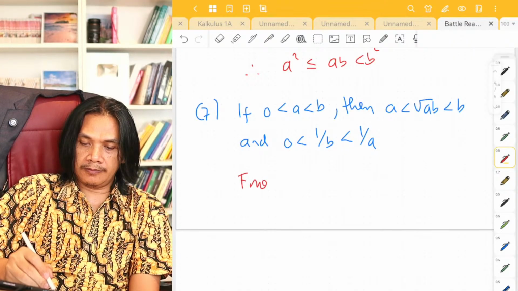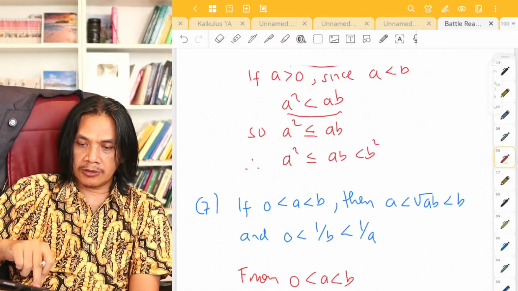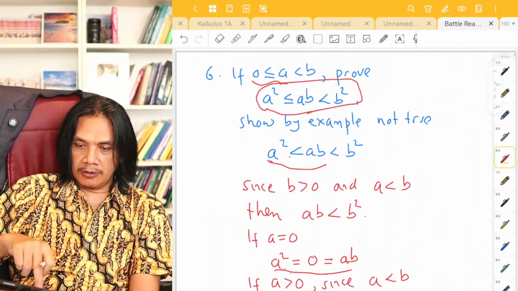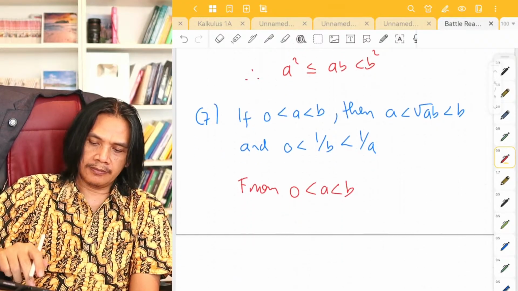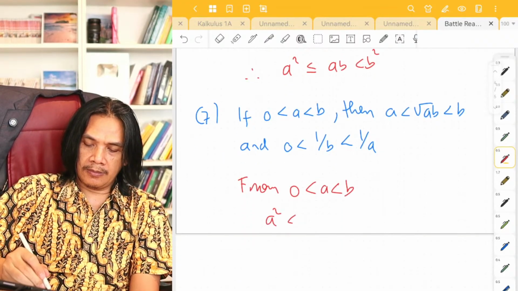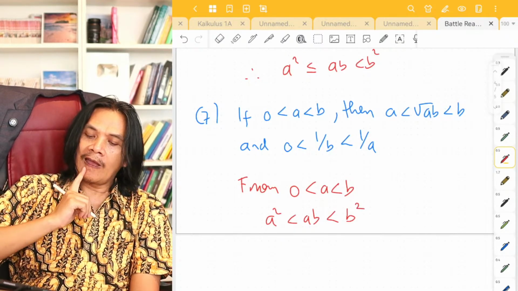From 0 less than a less than b, according to 6, what? a squared less than ab less than b squared, and then you can take the square root because they're all positive.